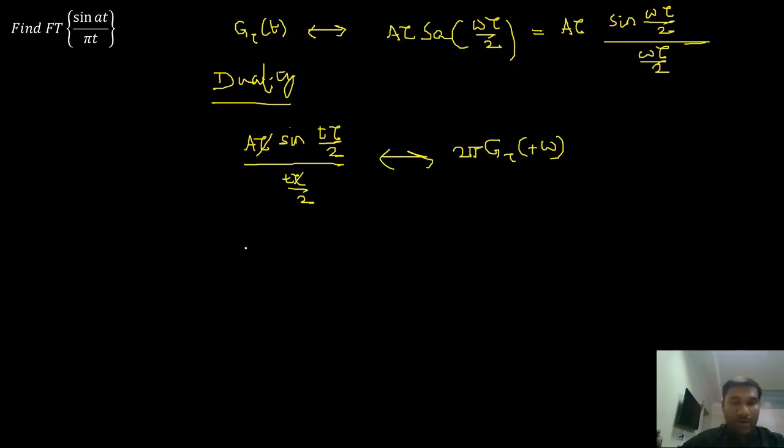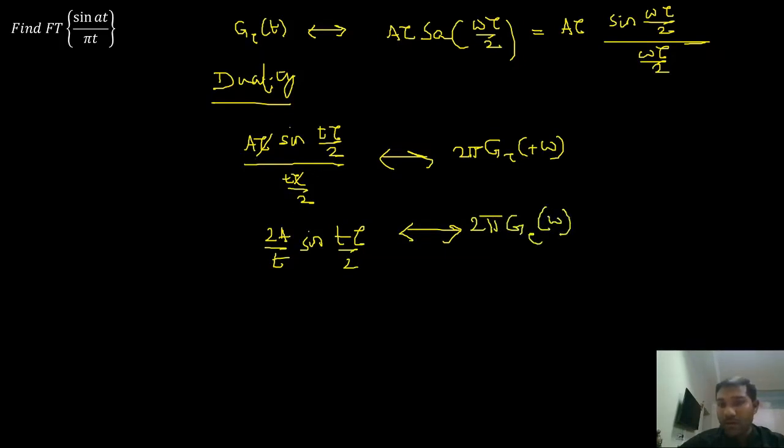So now I have 2A by t sin t tau by 2 on the left hand side, and on the right hand side I'll write 2 pi into g tau of omega. Now 2 and 2 also get cancelled. Now what is left? A by t sin t tau by 2 has this Fourier transform.